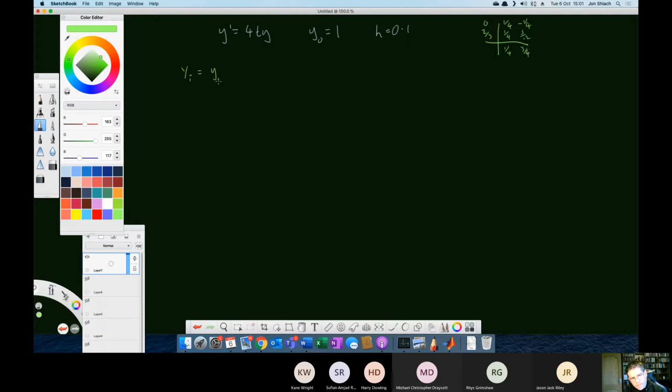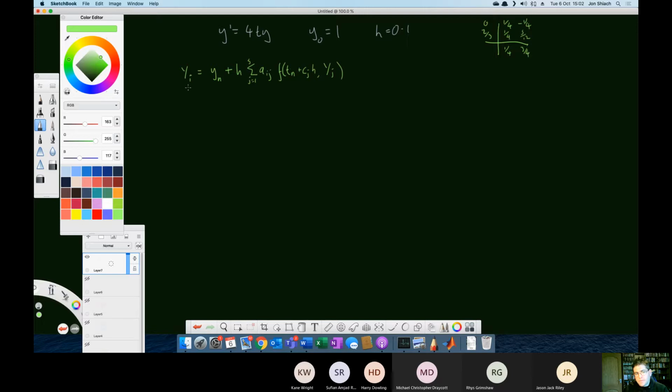For a general Runge-Kutta method, Y_i is equal to y_n plus h times the sum over j equals 1 to s of a_ij times f of t_n plus c_j h, Y_j.